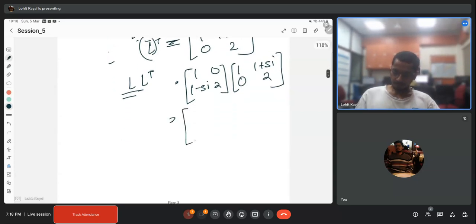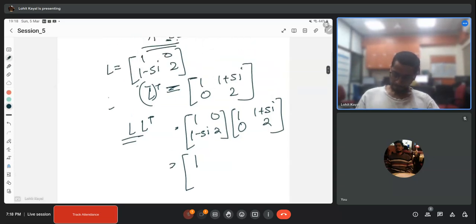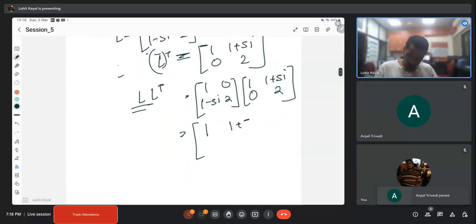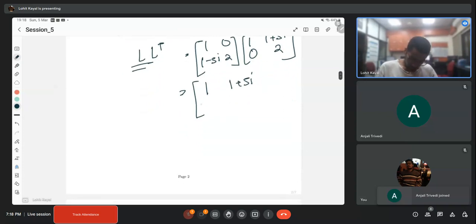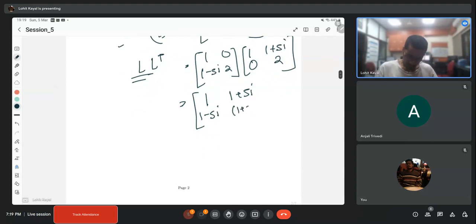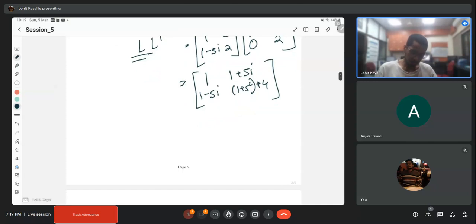So this will be 1, then 1 plus 5i, 1 minus 5i, and the last one will be 1 plus 5 squared plus 2 squared, so it will be 25, 26, 30.